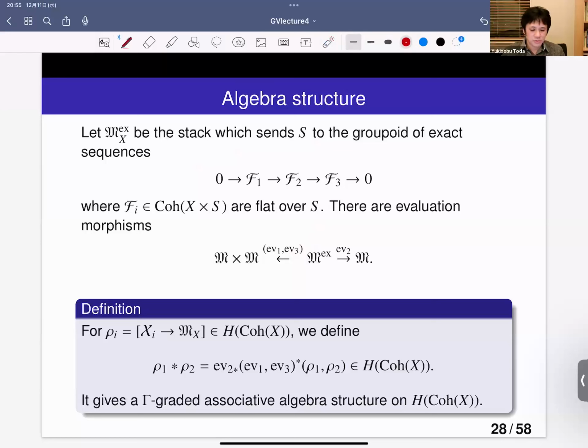This evaluation map is sending this sequence to F_i.